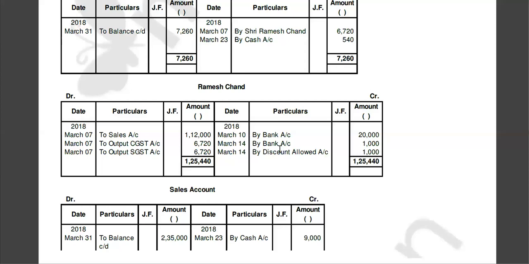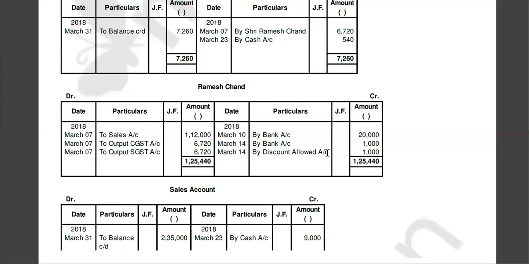Discount received: the Ramesh account debtor to discount received. So you will get a debit balance. This is our expense. Ramesh has to pay. So this discount allowed, credit side 1,000 rupees you will get. This 1,000 rupees is called discount allowed. This is actually the balancing amount.